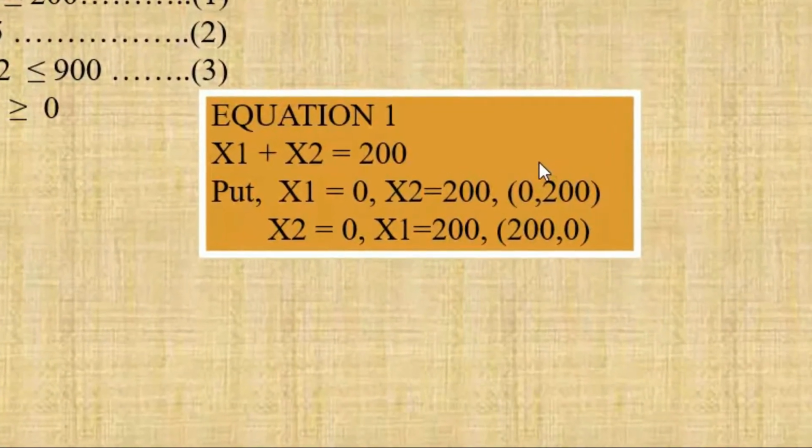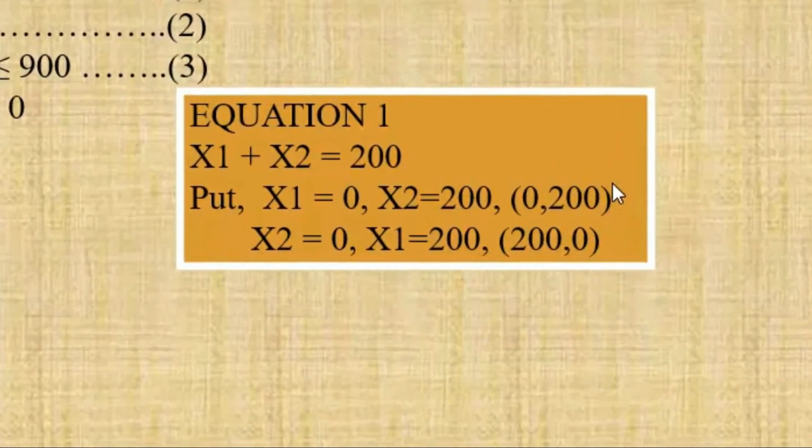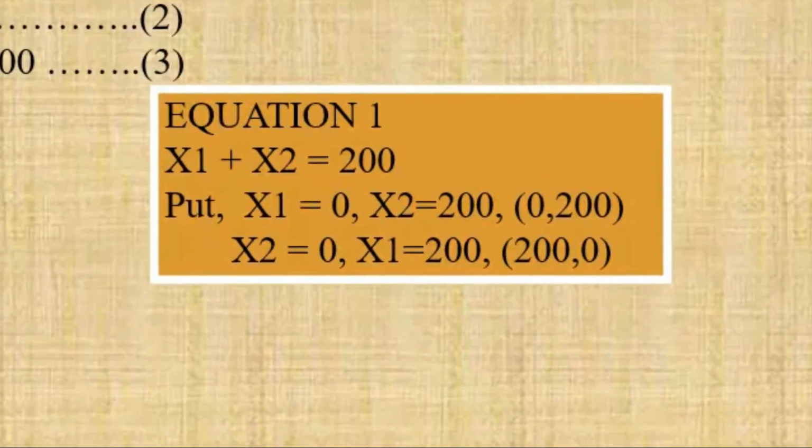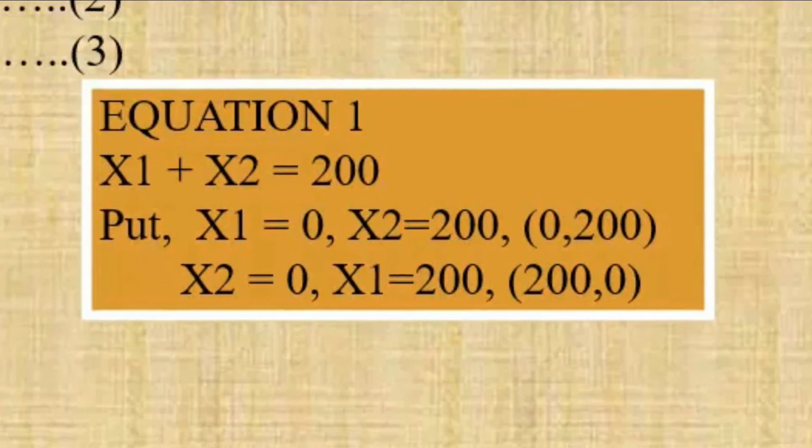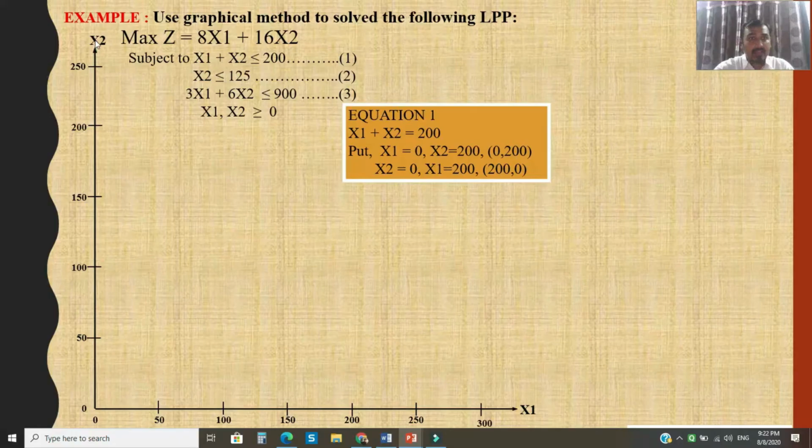Now put these coordinates into the graph. Here represent x1 as the x-axis and x2 as the y-axis. Since x1, x2 are non-negative, we always consider the first quadrant. So here the first coordinate 0, 200 and 200, 0.